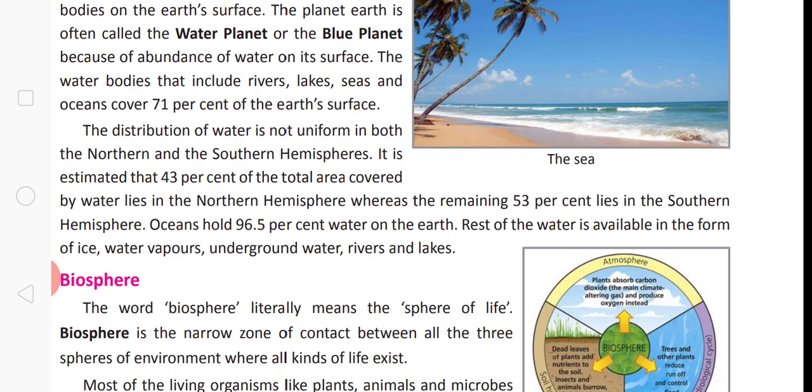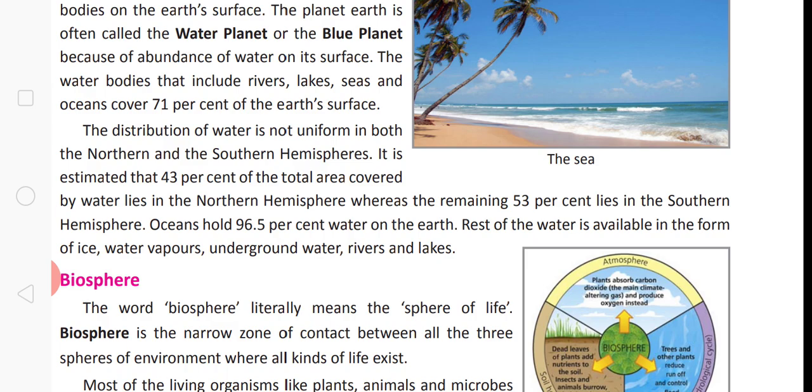It is estimated that 43% of the total area covered by water lies in the northern hemisphere, whereas the remaining 53% lies in the southern hemisphere. So compared to the northern hemisphere, the water is more in the southern hemisphere.